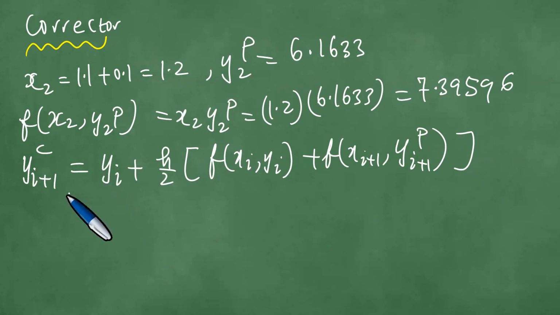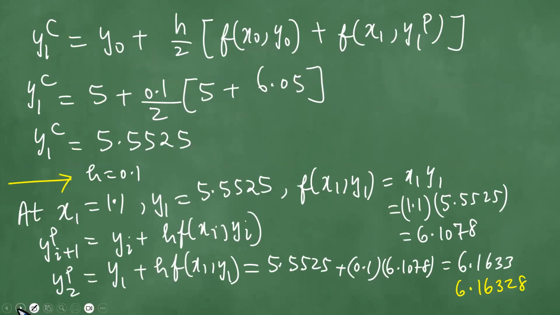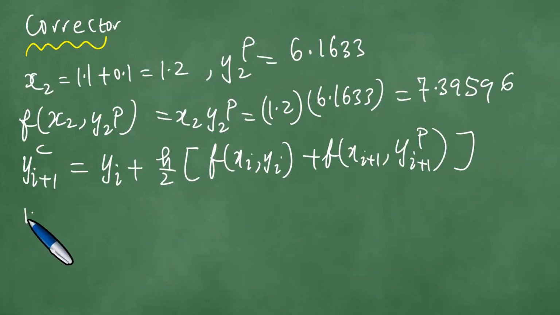Okay, that's fine. Now, with this, we must get y2 because we got y2p, and we must get y2 of the corrector.